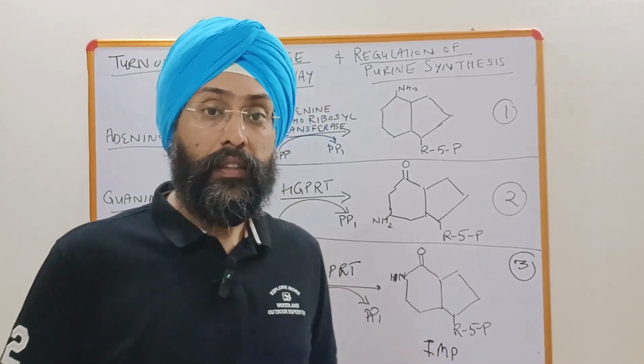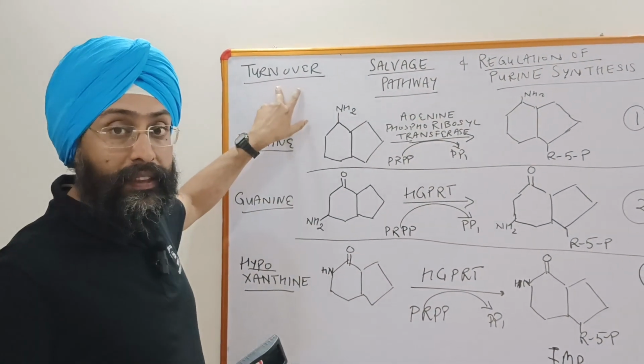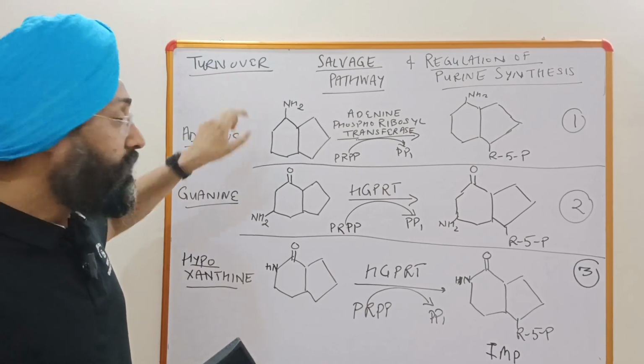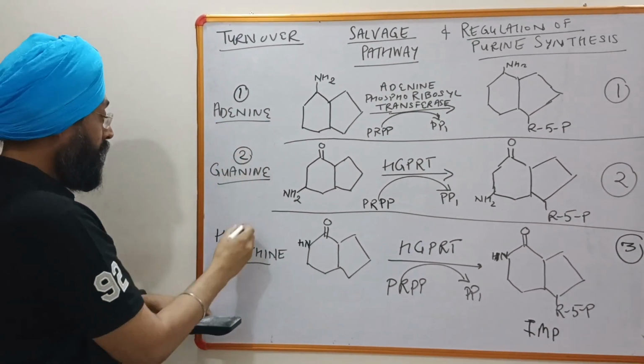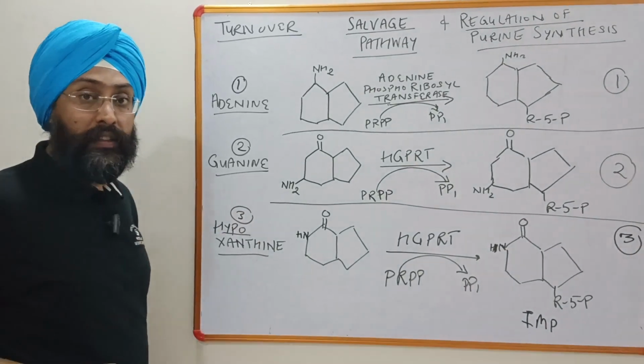During the turnover of nucleic acids, the three basic purines are formed. Number one is adenine, second is guanine, and third is hypoxanthine.